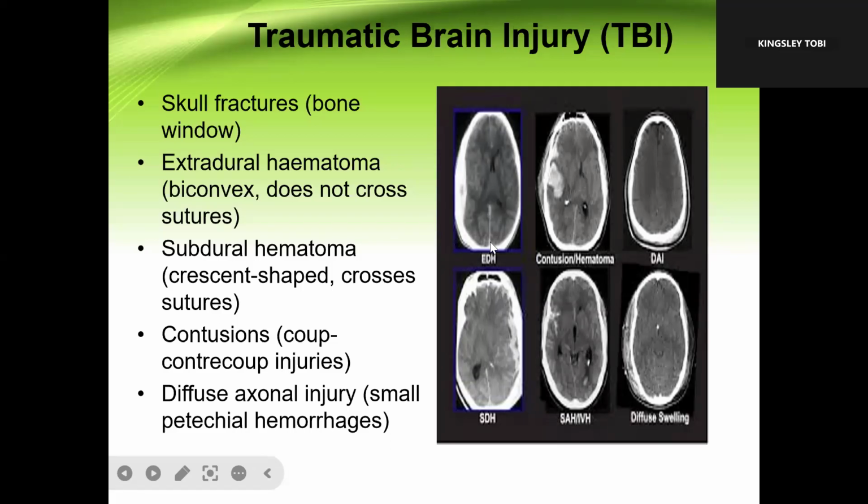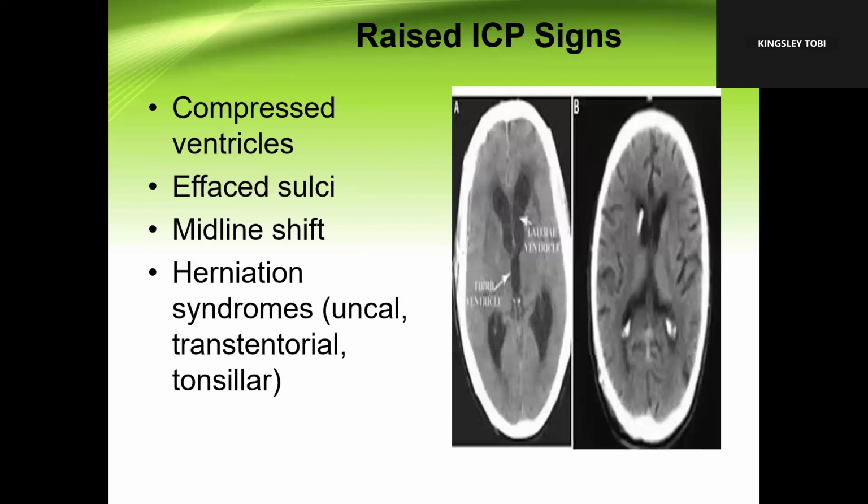So traumatic brain injury can present with epidural hematoma, you can have contusion or diffuse axonal injury, you can have subdural, you can have both subarachnoid hemorrhage and intraventricular hemorrhage, or you can have just diffuse cerebral edema, and we're going to be able to appreciate and differentiate each of these pathologies as we go on.